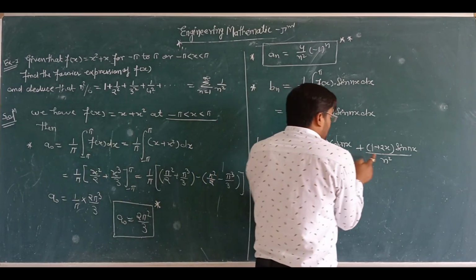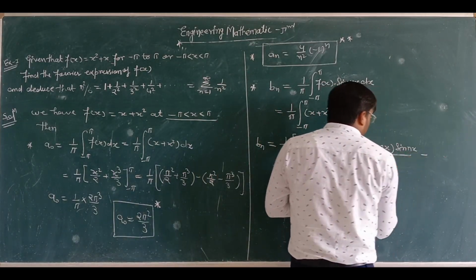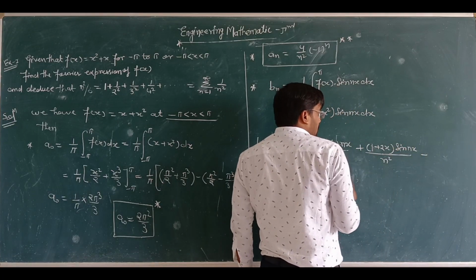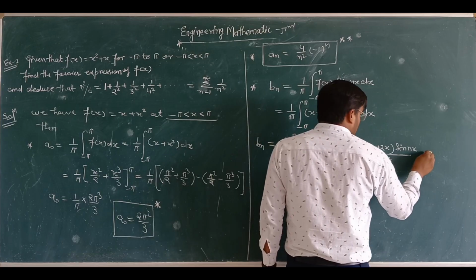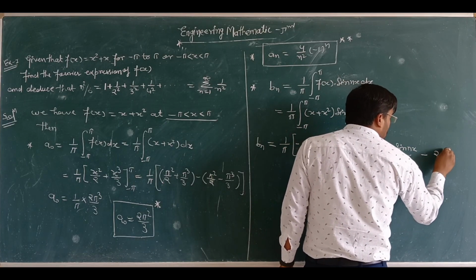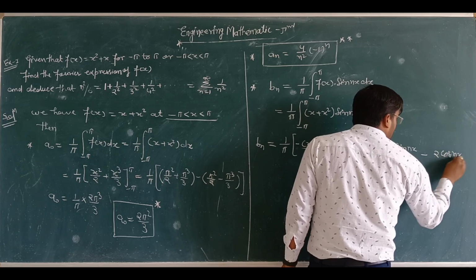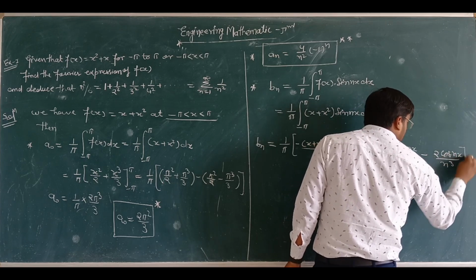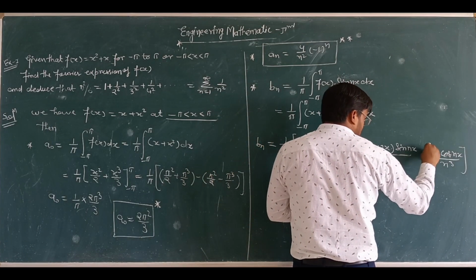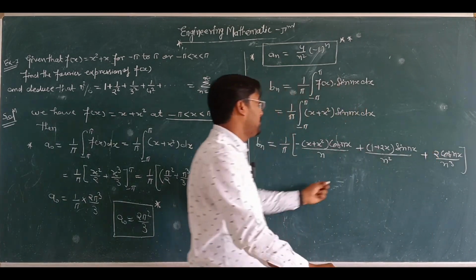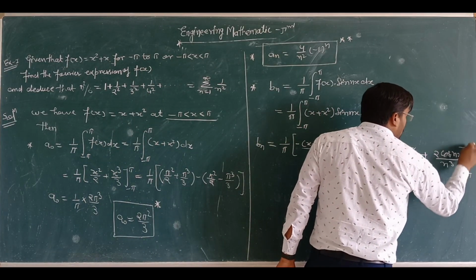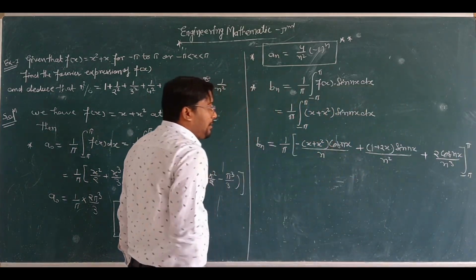Now again you write minus differential of this function equal to 2, and integration of this function is cos nx upon n to the power 3. Now minus plus. Now put the limit minus pi to pi, put the limit of this function.